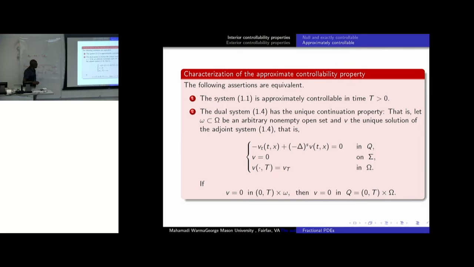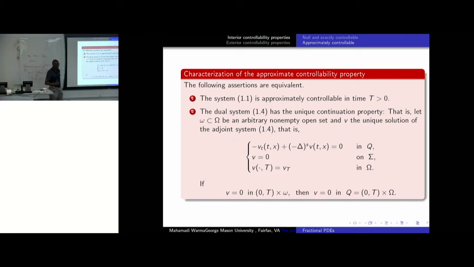Okay, characterization: how do we characterize approximate controllability? The system is approximately controllable, and everything is done with the dual system, if and only if the dual system has the unique continuation property. What is the unique continuation property? It says that if I take my solution V of the dual system, and V is 0 on the small set omega, then V must be 0 everywhere.